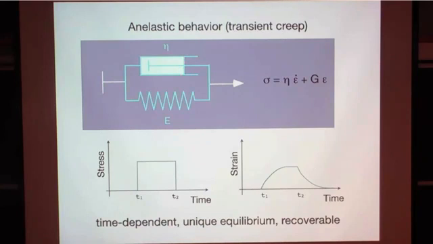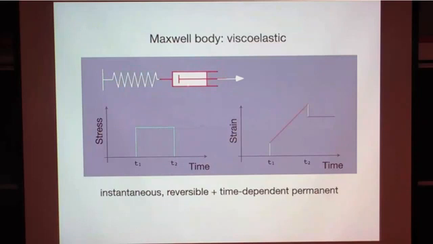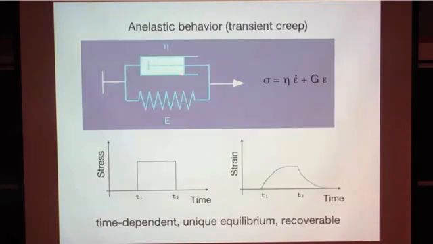On the other hand, you can't put an infinite amount of deformation into it, as you could hypothetically with an infinite dashpot, where as long as you push, you get strain. Here with the anelastic one, at some point your applied stress balances the spring constant. So you get strain accumulating rapidly, but then the strain rate decreases over time. At some point you saturate.